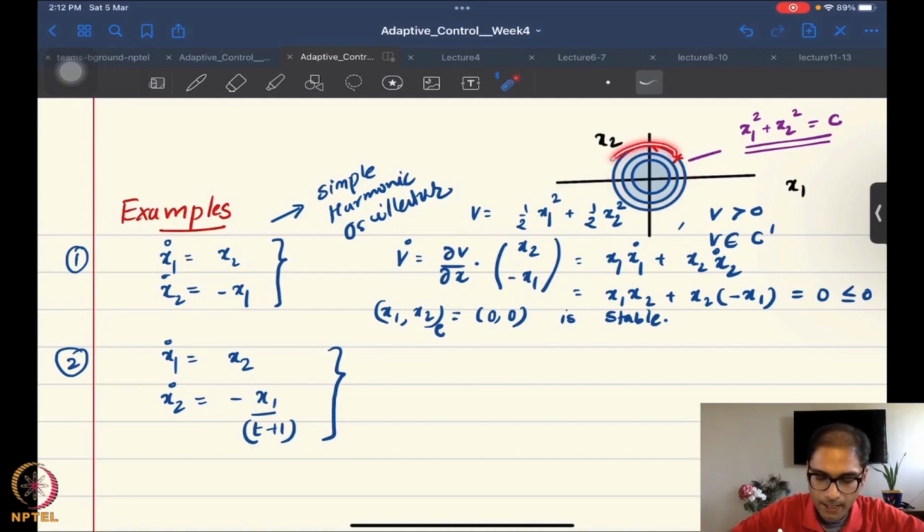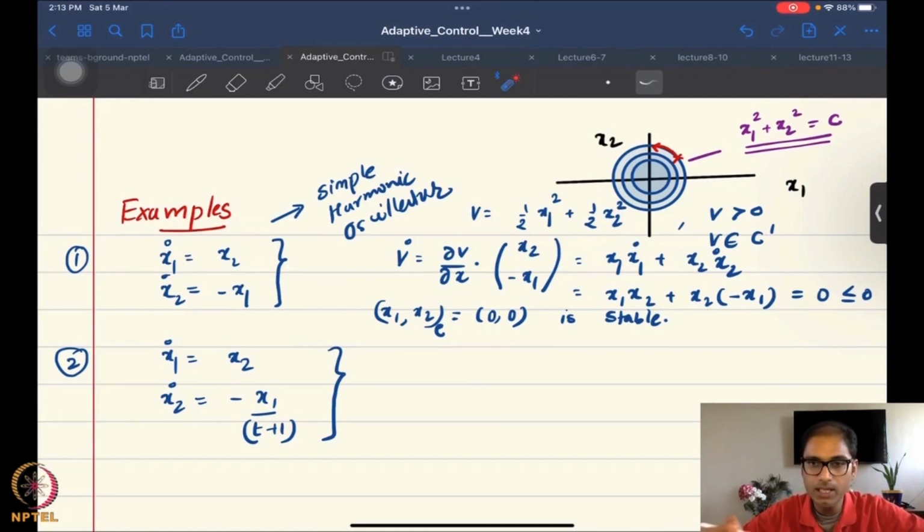So x1 squared plus x2 squared is always the same constant at each point in time, and if I take d dt here, it is just 0. Therefore, V dot coming out to be 0 is no magic. This is somehow the energy of the system encapsulated in V, and so the system comes out to be stable.